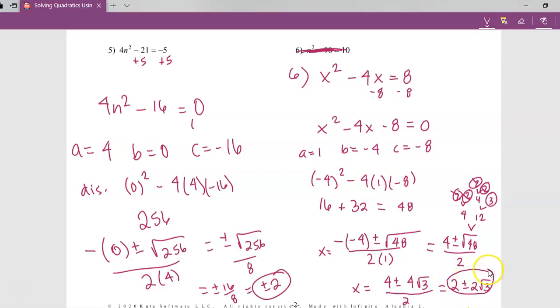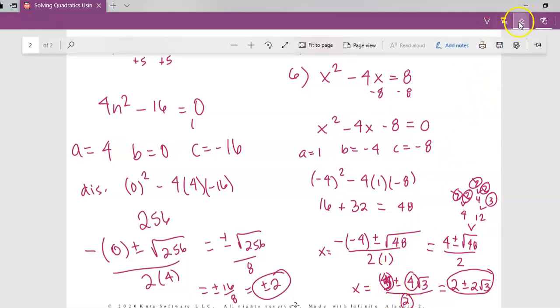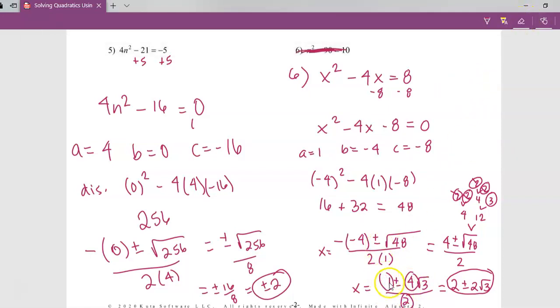Again, because all 3 of these numbers have a common factor of 2, I can reduce each of them by dividing them by 2. Now, if this would have been like a 5 here instead of a 4, then I would not be able to reduce anything, not even this one, because it has to be a common factor in all 3 of these in order to reduce it. So you have to be careful when you're reducing these fractions.